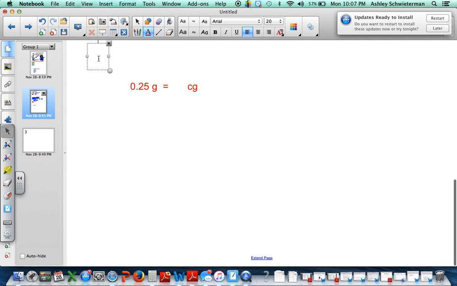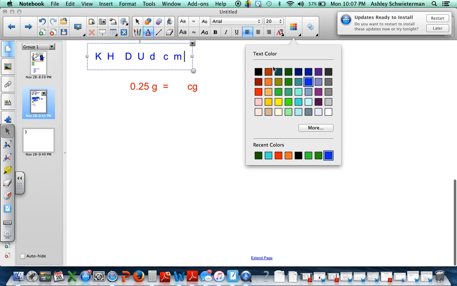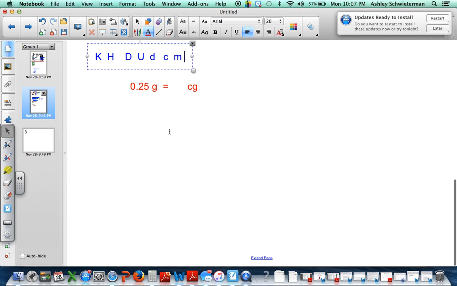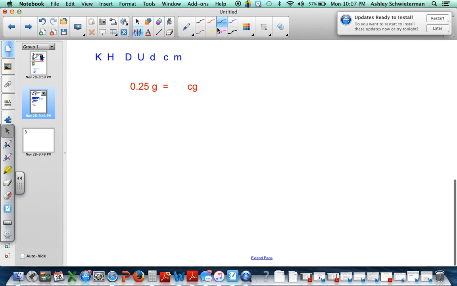So I have King Henry dropped over dead converting metrics. And that's all I'm writing down. And then I can write that for every single problem. That way I can use it and not get confused from problem to problem.